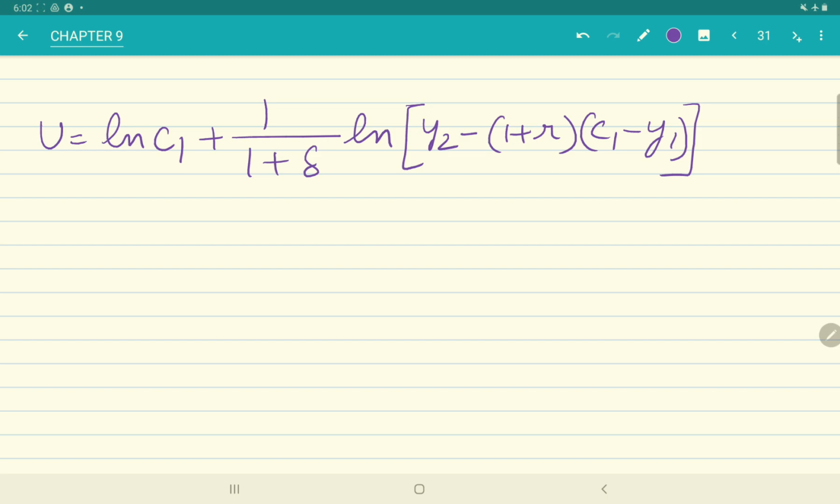Now we are going to differentiate this function with respect to c1. And when we do that, we get du by dc1 is equal to 1 by c1. Now I should actually go for this.